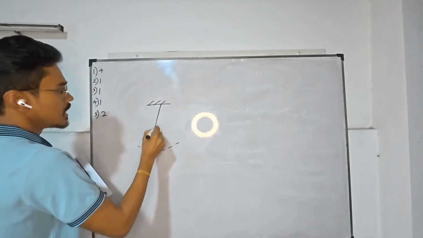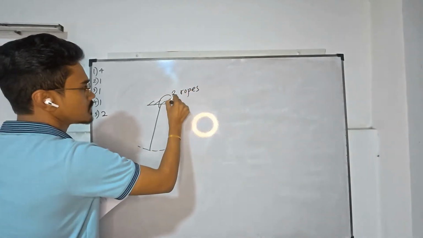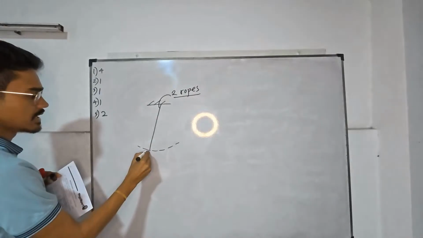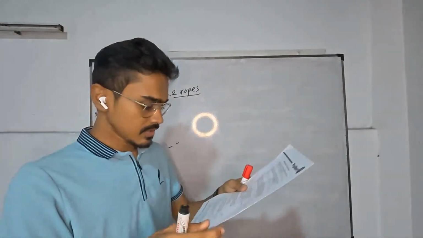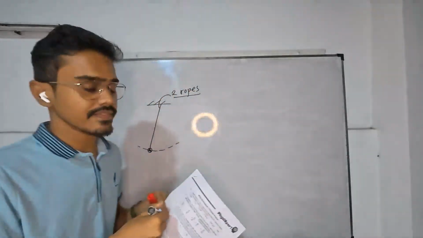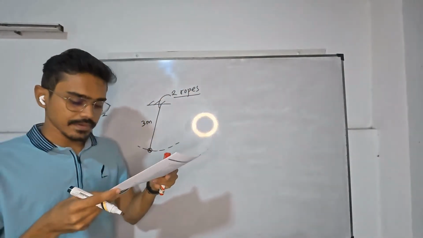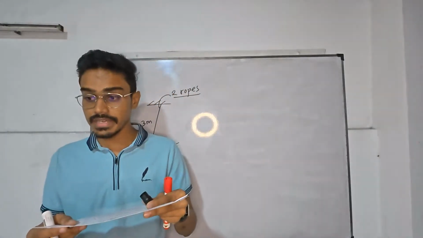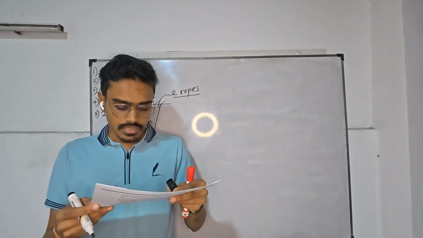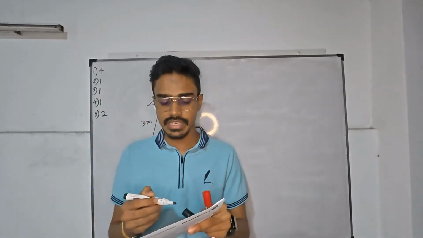A swing, and here we have 2 ropes, and the child is like this. The maximum speed of the child during a swing is found to be 3 m/s. The maximum tension in each rope piece is?